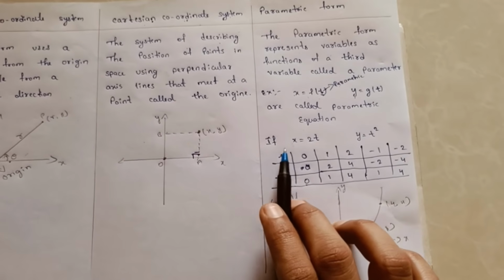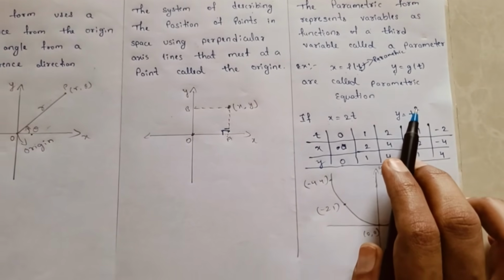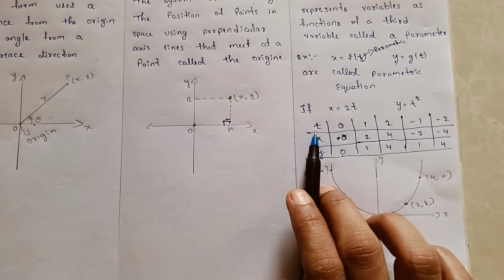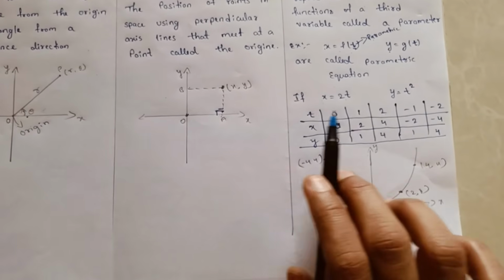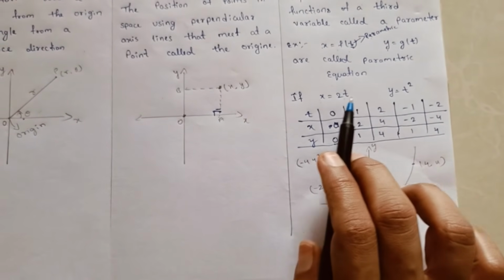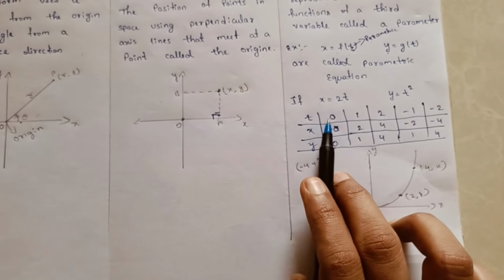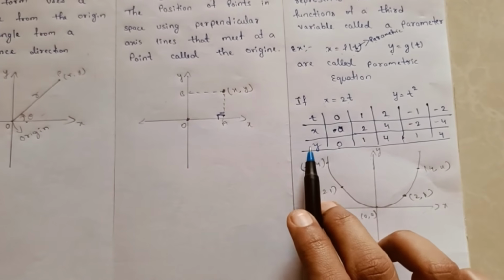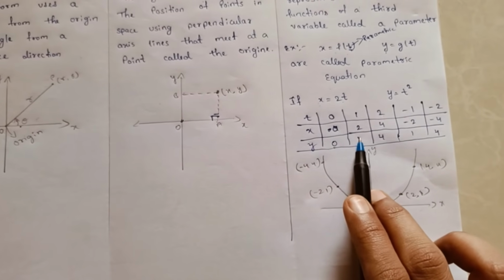See one example. If x equal to 2t and y is equal to t square, then take t values 0, 1, 2, minus 1, minus 2. Put the t values in the equation and we get the x and y values. When t equals 0, x value is 0, y value is 0. When t is 1, x value is 2, y value is 1.